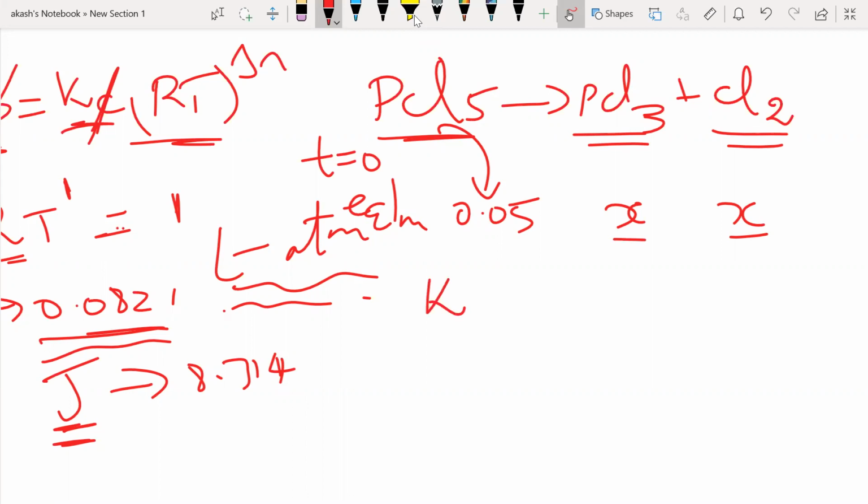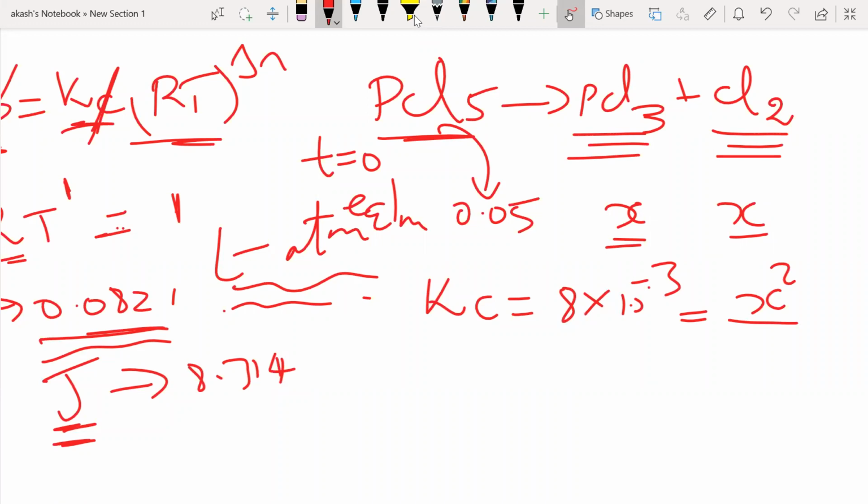Now I can directly go to my Kc equation. You can substitute the values there. Kc is given as 8 into 10 to the power minus 3, right? Now that will be equal to this concentration into this concentration, that is x into x, which is x squared, divided by the concentration of PCl5, which is 0.05.